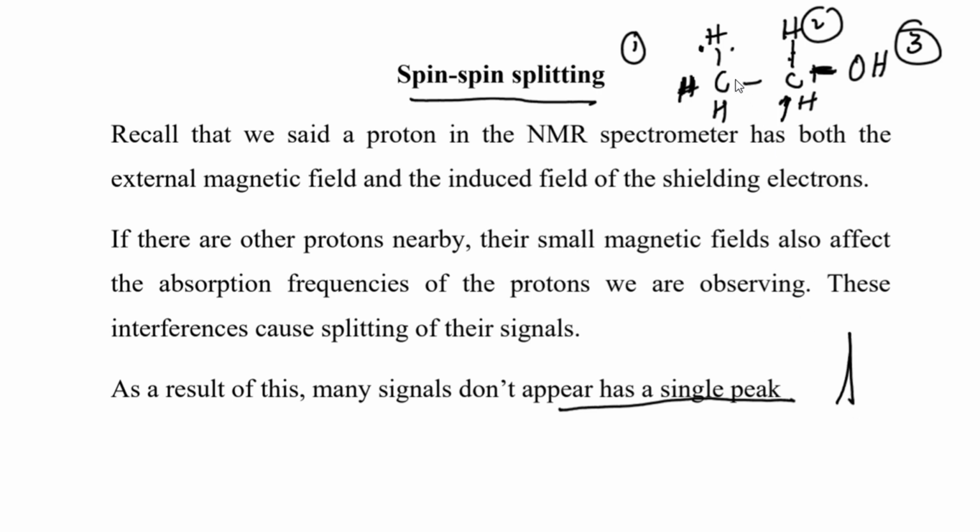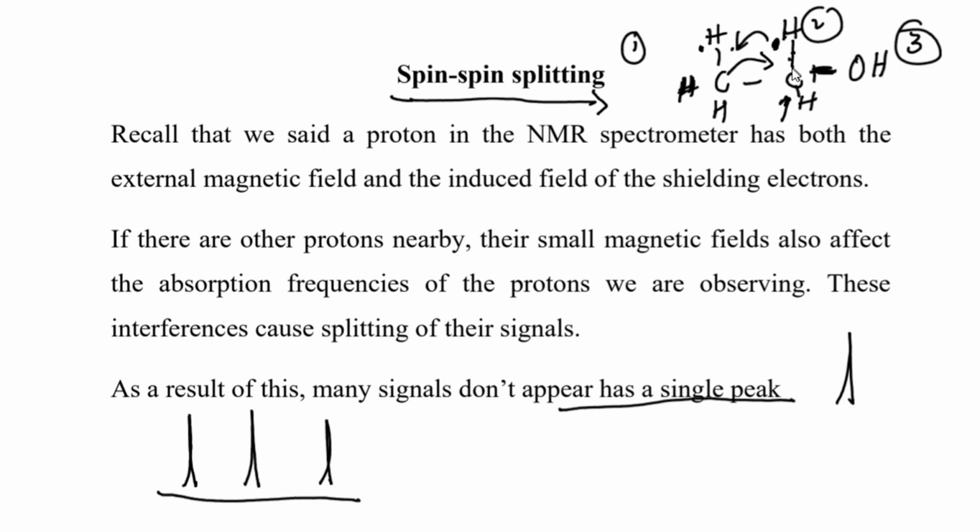So if you are to see this spectra, because we have 2 here, so let's say, assuming it was initially thought that all spectra should be single, right? Should be single peaks. But now introducing this concept, spin splitting. So this one affects this, this one affects this also.